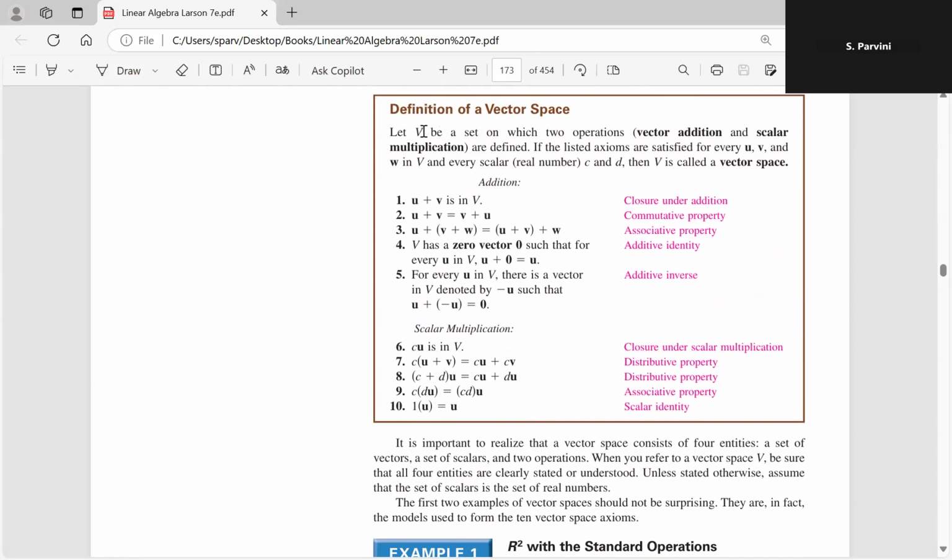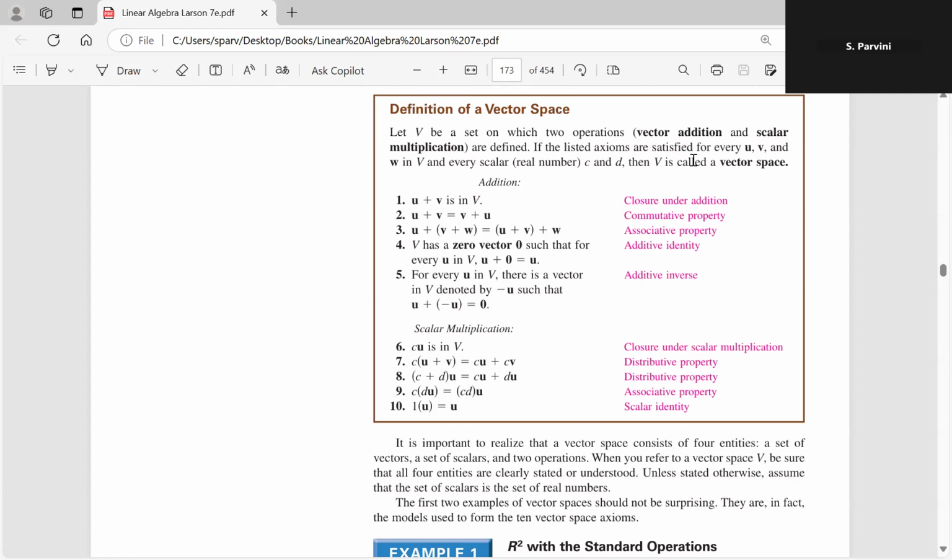Now this time, the book calls it capital V. Notice it's not boldface. So this is the name V for vector space. So here, let V be a set on which 2 operations, the standard operations, vector addition and scalar multiplication, are defined.